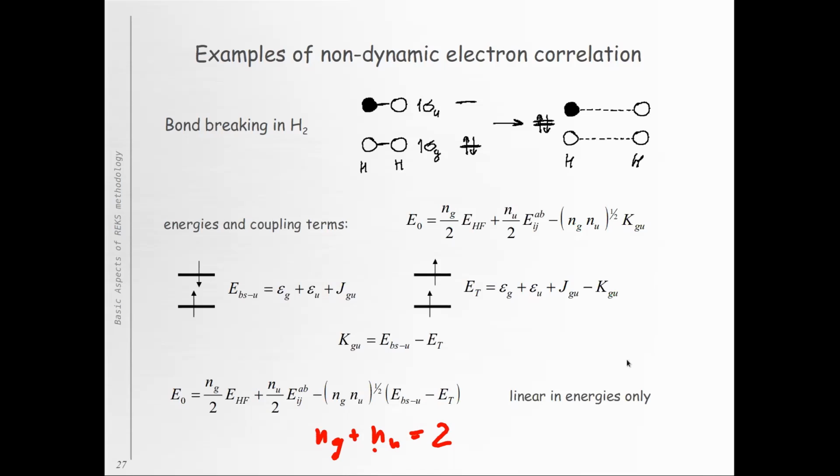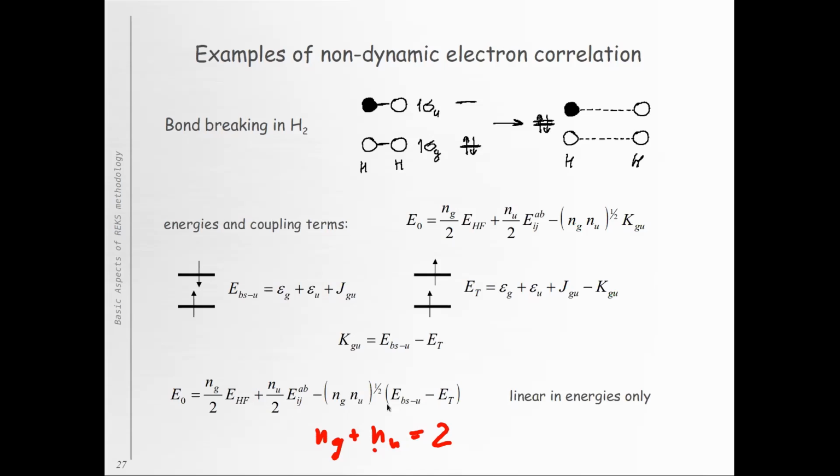Of course, if we want to stay within, let's say, MC-SCF methodology only, then this expression has no advantage. However, if we want to switch to density functional theory, then at the DFT level we can easily calculate the energy of this configuration, and the energy of that configuration.